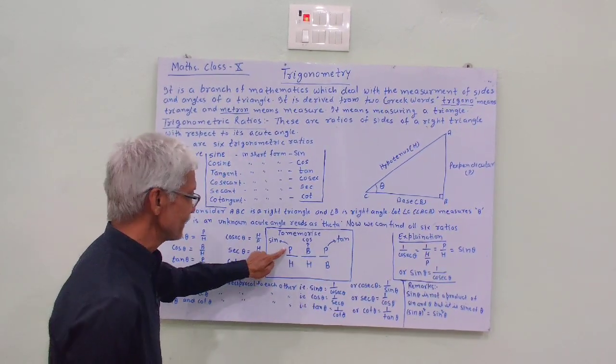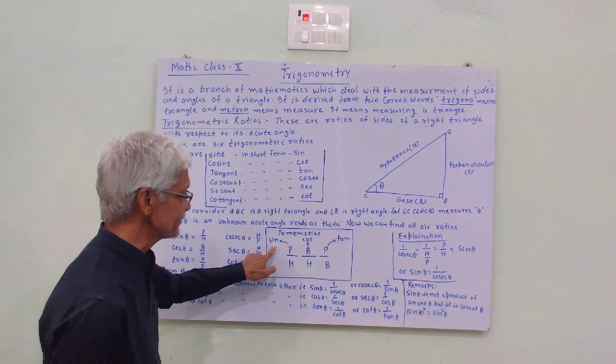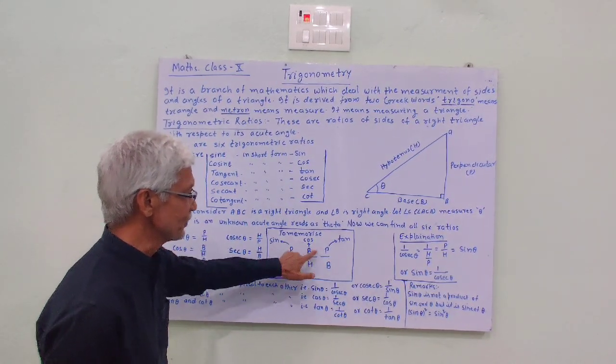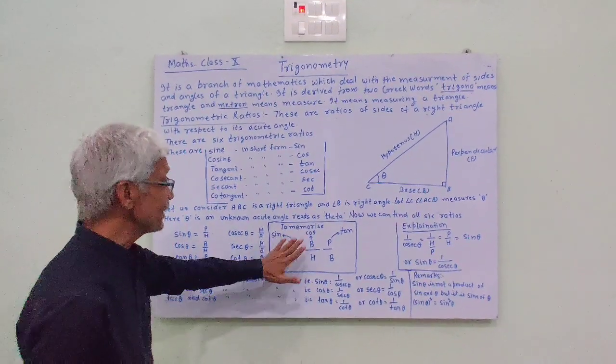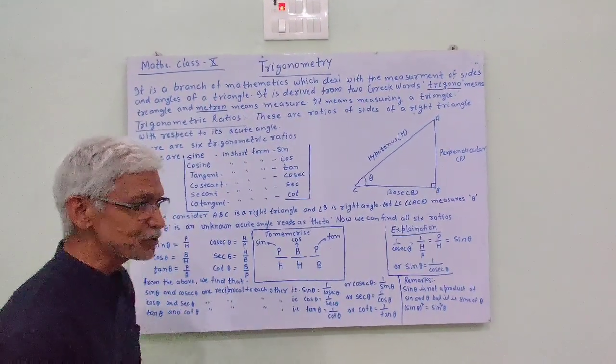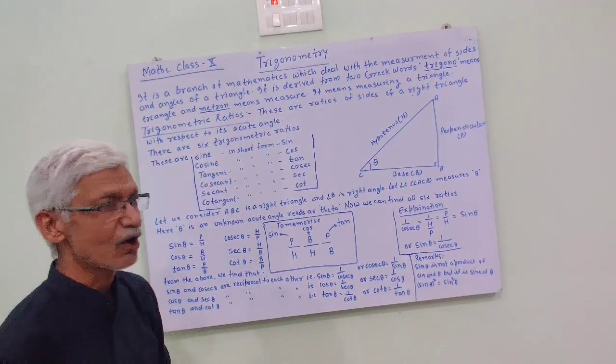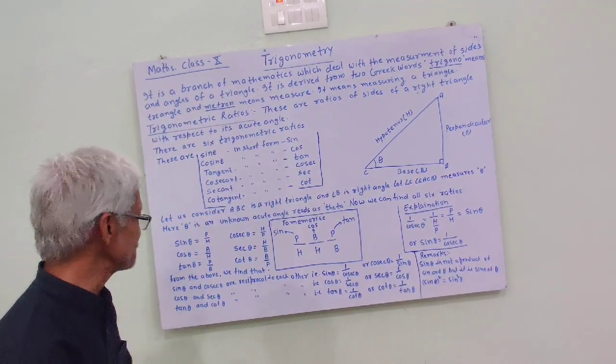Now it is written P upon H for the sine, B upon H for the cos, P upon B for the tan. So these are the three main ratios, and other ratios are the reciprocals of the other trigonometric ratios.